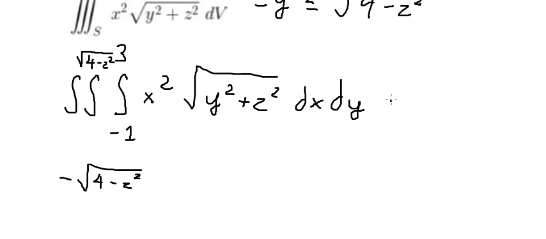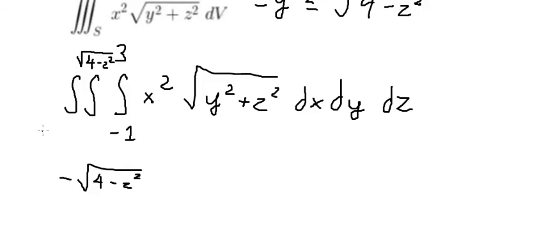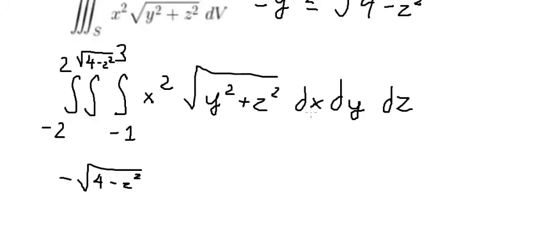And the last one, that's about dz. We see that we have number 4, so that should be from negative number 2 to positive number 2. And we just finished putting the boundaries. Now we need to find the value of this triple integral.